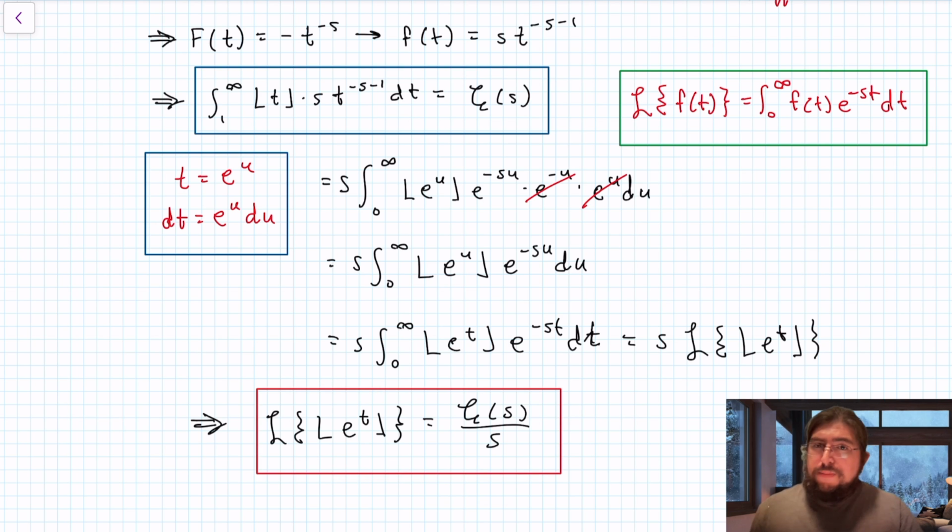Now I mentioned a little bit about the real part of s being bigger than 1. In fact, this has to be the case here. If the real part of s is not bigger than 1, you can't actually use the summation definition of the Riemann Zeta function. I have a video that I've done previously, similar in flavor to this, where we take a look at the Mellin transform instead of the Laplace transform.